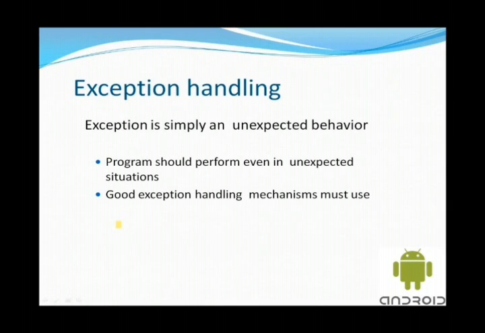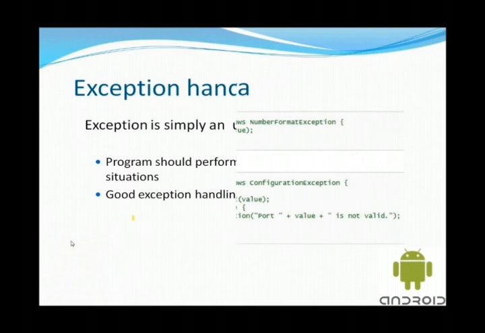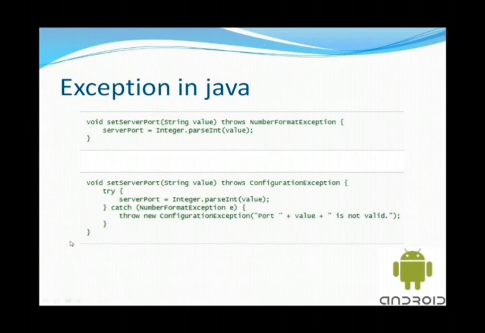This is a code segment. Here is how the Java language uses its exception handling mechanism to handle unaccepted behavior of the code. There are many ways of doing this. Let's look at this as an example. First one directly throws a NumberFormatException. It actually throws the exception to where it has been called.